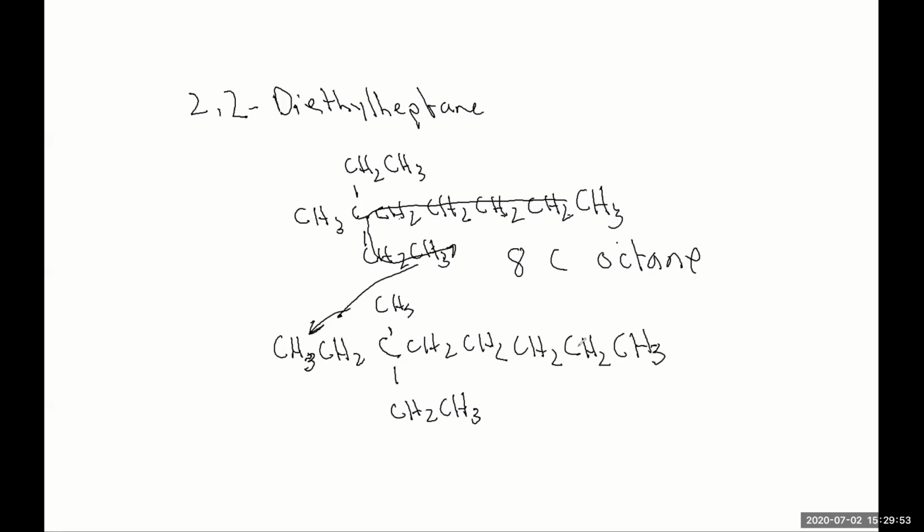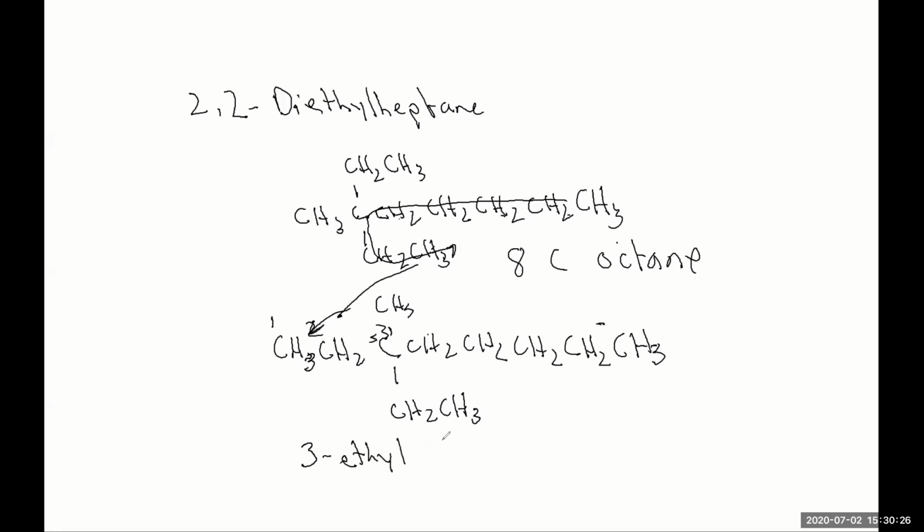And then in this case, it's clear that if you numbered from this direction, 1, 2, 3, 4, 5, you'd have 6-ethyl-methyloctane. But if you number here, you have a 3 on the substituent, which is a lower number than 6. So we number from this direction here. So that would be 3-ethyl.